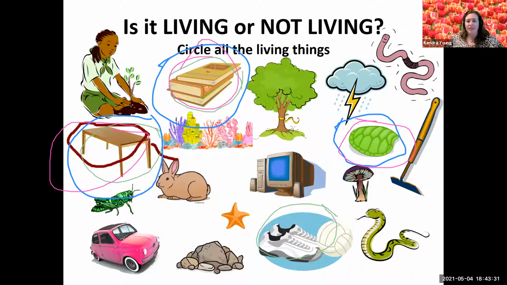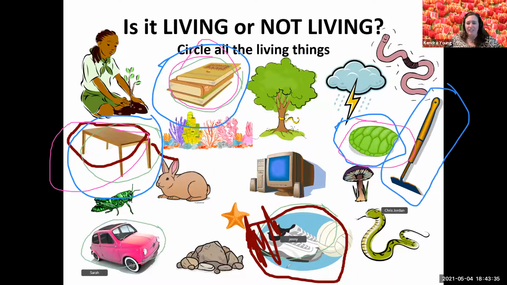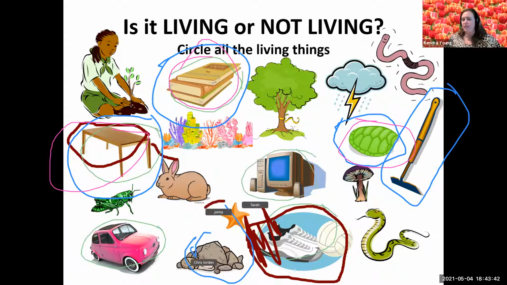Okay. There's one other thing. Okay. So yes, these were things, so books come from what that was once living?